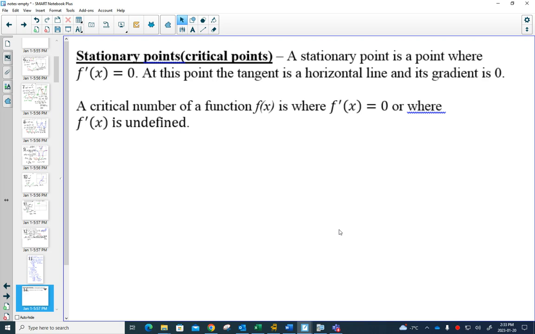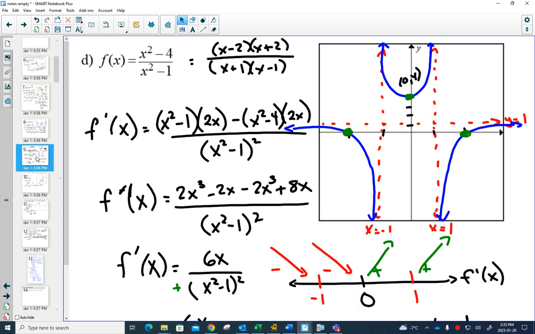And we call the x value that does that a critical number. We also call any point that makes our original function undefined, any non-permissible values, also critical numbers. So when we were doing our number lines before, on your number lines, you are putting all the critical numbers. You're putting where your derivative is 0 plus any non-permissible values.